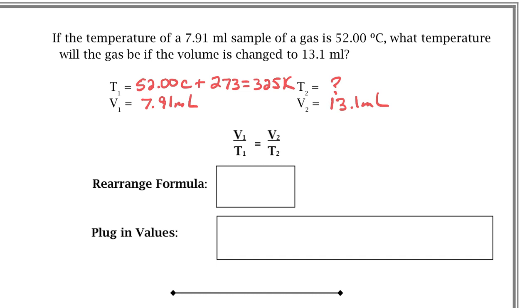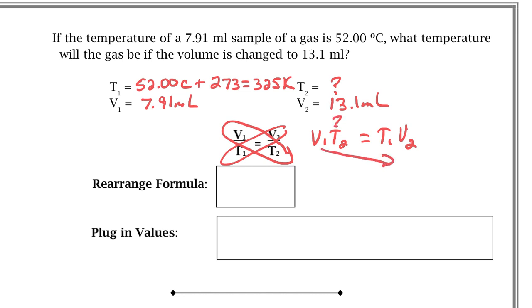I'm going to take the extra step of cross-multiplying, so I'm going to butterfly this: V1 times T2 equals T1 times V2. Now I'm going to pick out which one is my unknown. It's this one right here. So I'm going to slide this underneath. So when I rearrange my formula, it's T1 times V2 over V1 equals T2.